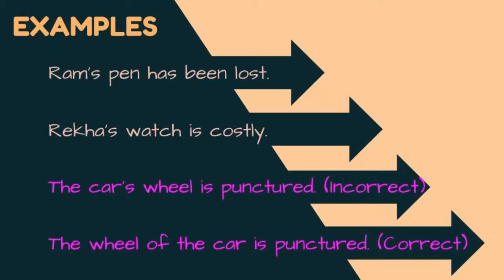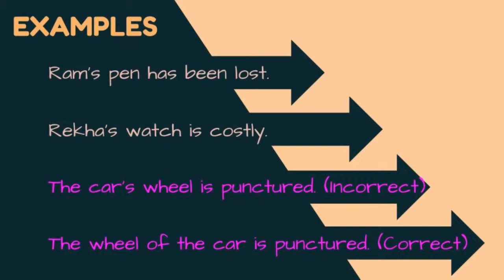Let us move to the third example. The car's wheel is punctured. Actually, the sentence is not correct because, as I already said, for living beings we have to put an apostrophe s. For non-living things we have to use the "of" pattern.